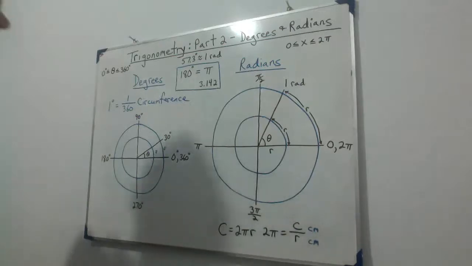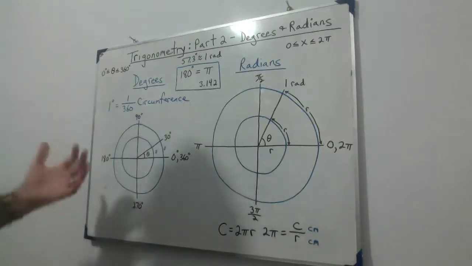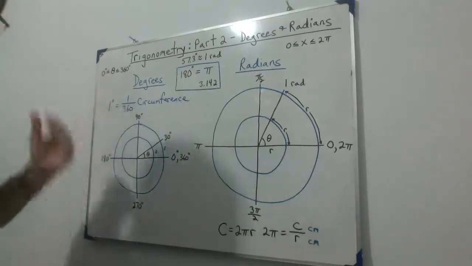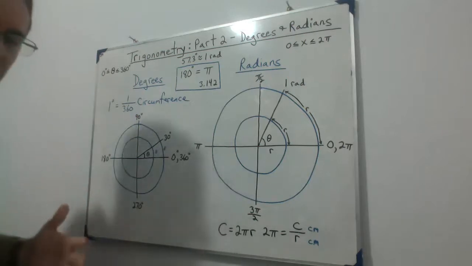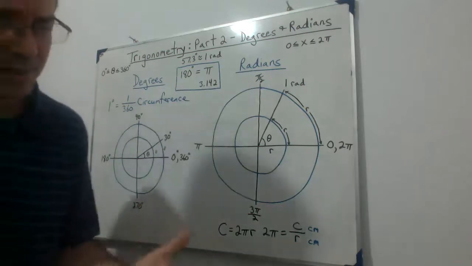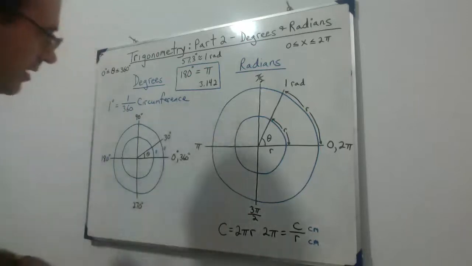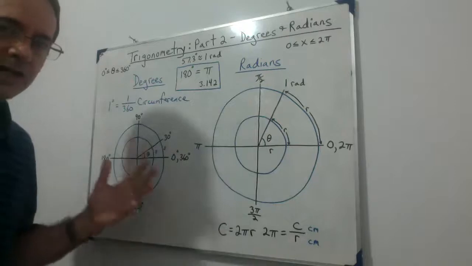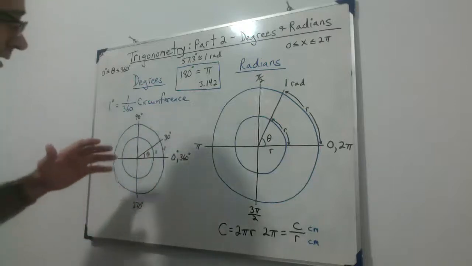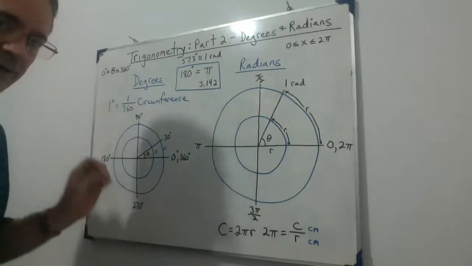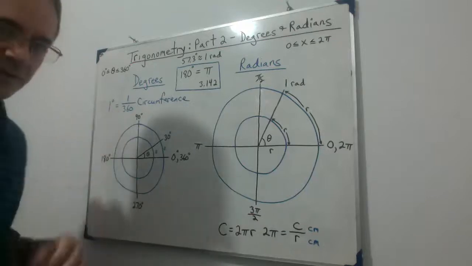So, what is a degree? Well, basically, someone in the past, I think it was the Babylonians, but I might be wrong on that, somewhere in the past of human history, someone took a circle and divided it into 360 parts.